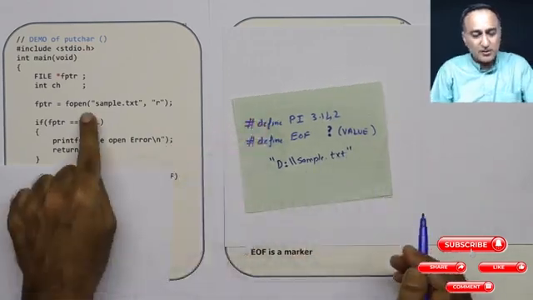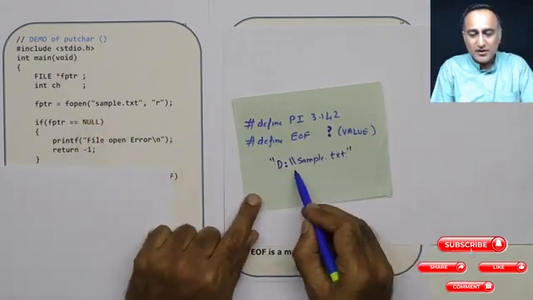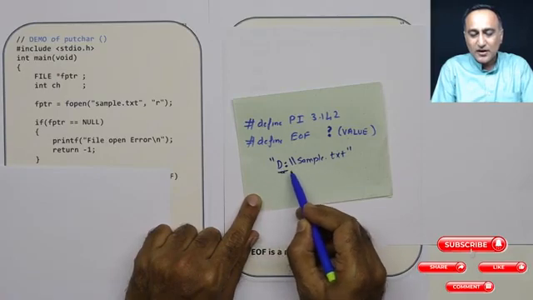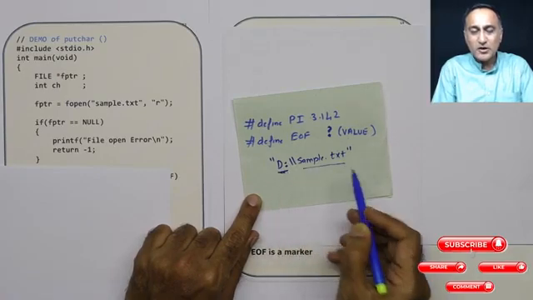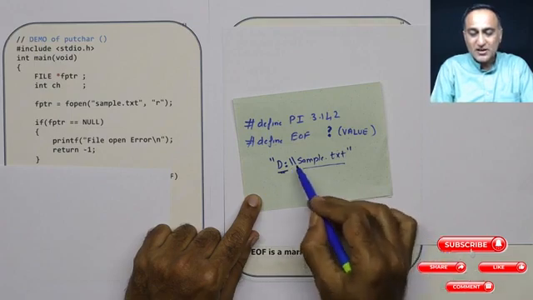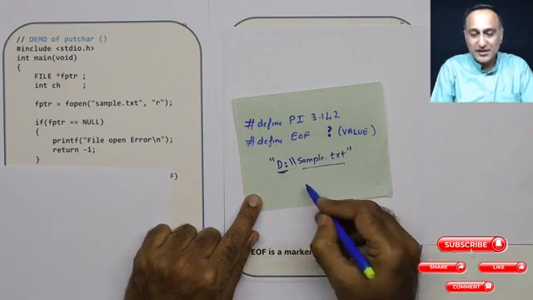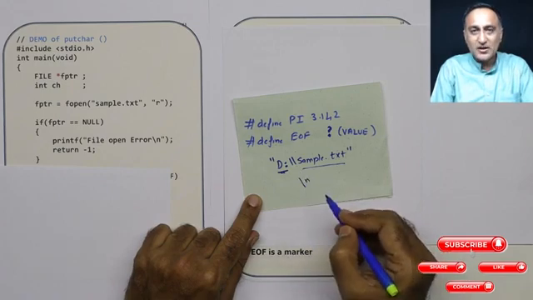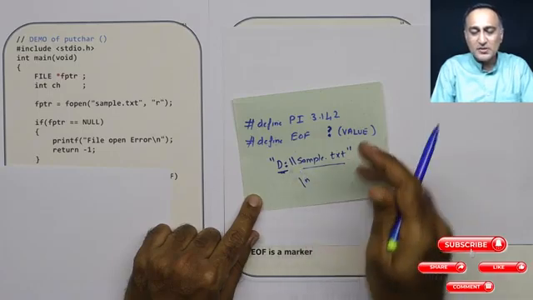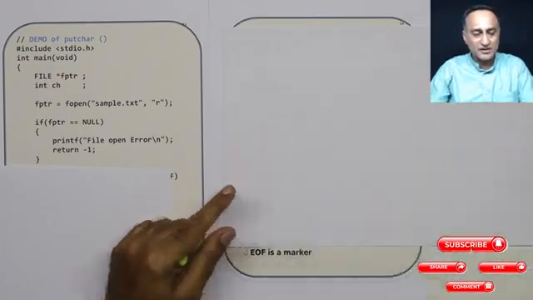So in double quotes, if I had put D:\\sample.txt, on the D folder, this sample.txt would have been opened for reading. So please do understand this double slash is to remove the special meaning of the backslash, because backslash is used to generate an enter and so on. If you simply put a single backslash, you will get an error. So double backslash removes any special meaning associated with this particular backslash.